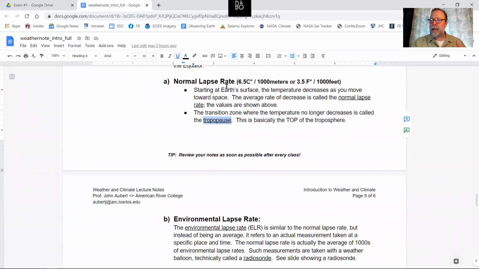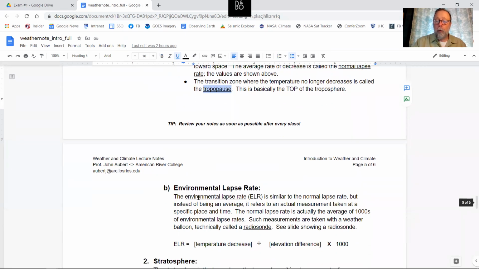The normal lapse rate, as I said, is an average. But what somebody can do at any given time, what people who work for the National Weather Service in the United States do all the time, is send up weather balloons. And you send up a weather balloon with an instrument on it called a radiosonde, and it collects data. Well, one of the big things it does is it collects temperature.